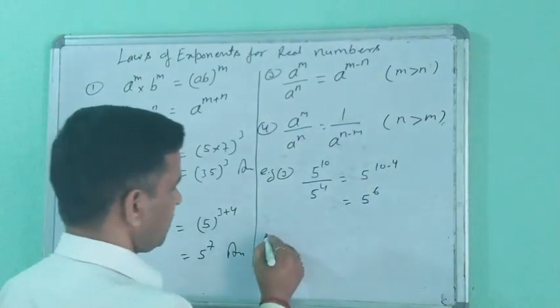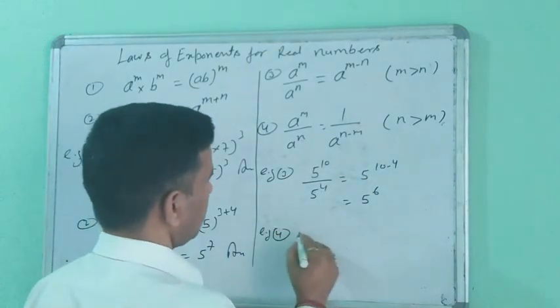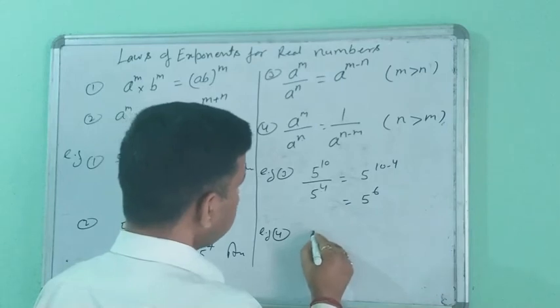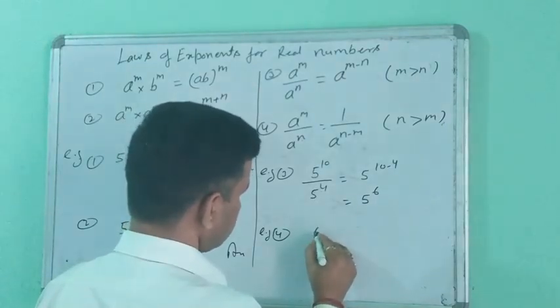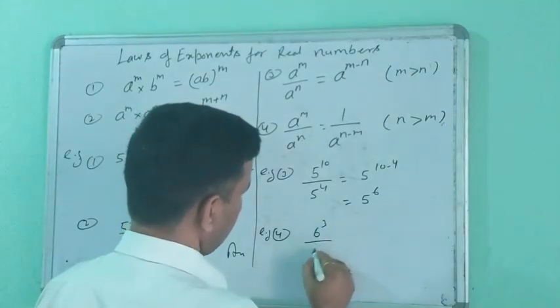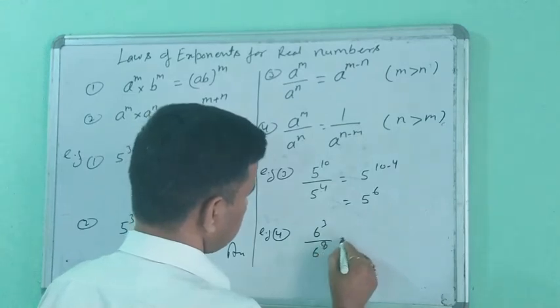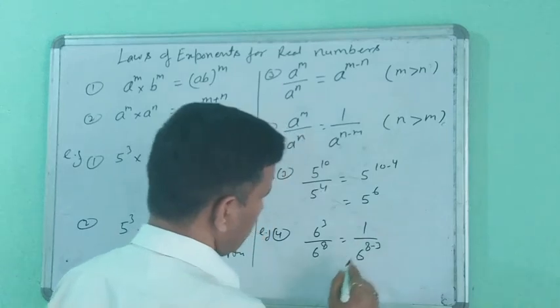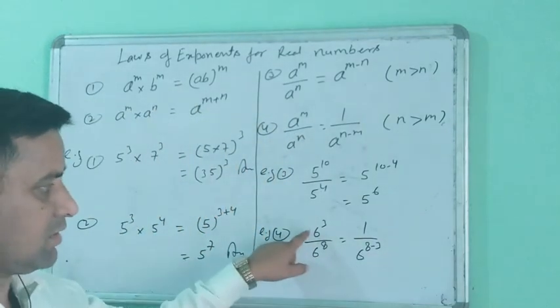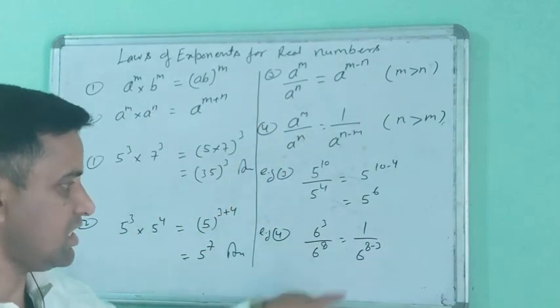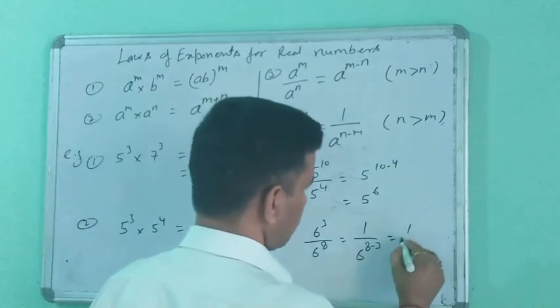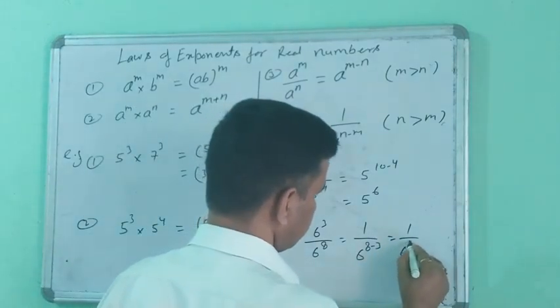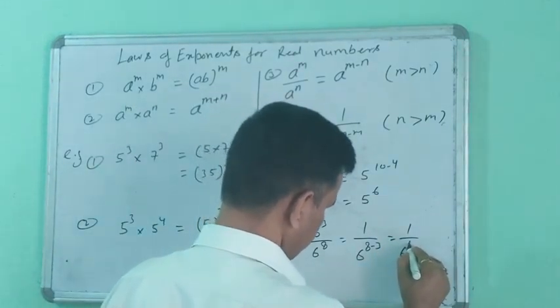And example 4 here, the opposite: 6 exponent 3 upon 6 exponent 8. Then you will write here 1 upon 6 exponent 8 minus 3. Only the exponent is transferred, the base will not be transferred, the base will be the same here. What result comes here? 1 upon 6 exponent 5.